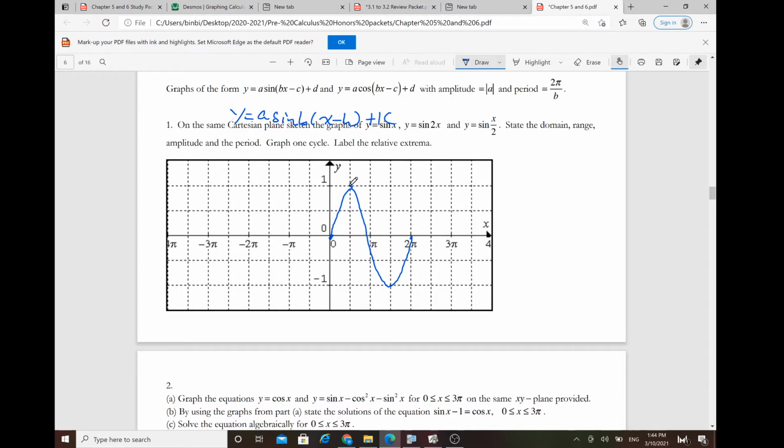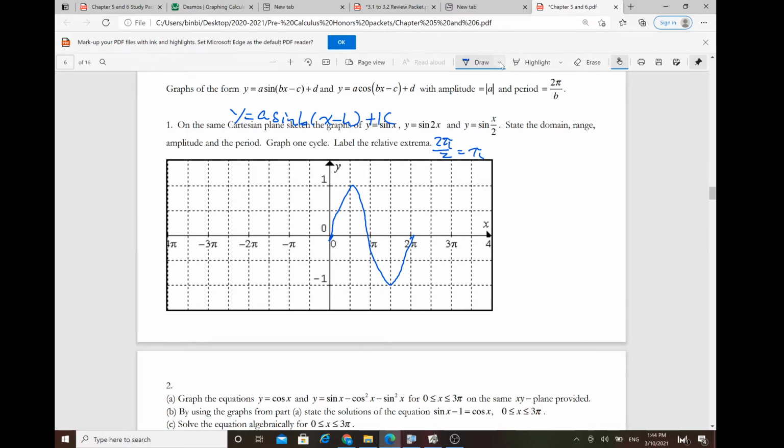This one is supposed to go all the way to 1, let me fix that. Like this. And then the other one, the period is 2 pi over 2, which is just pi. So it's just making the graph smaller.